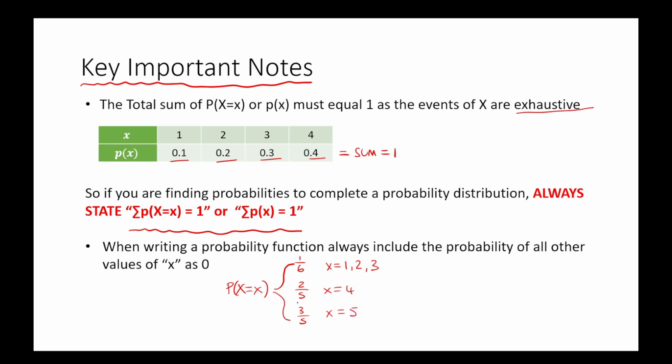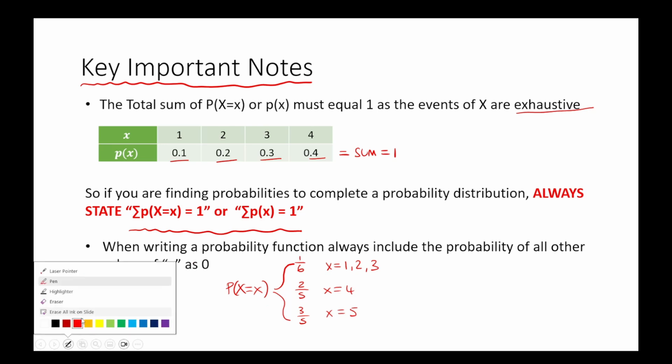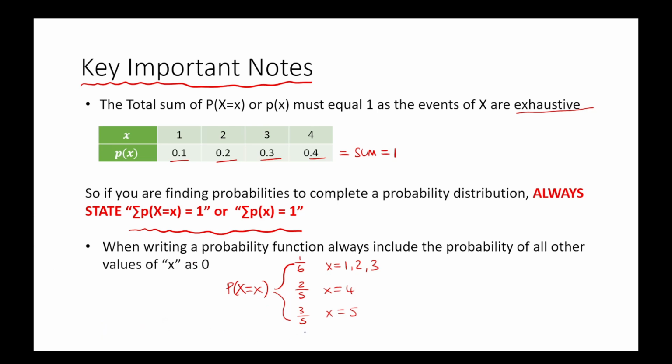Now you might think to yourself, well, that's absolutely fine, but where students would lose marks is that they would then need to go on to write that the probability is 0 for all other values. And basically what that means is when I'm calculating my probability, I've got 1, 2, 3, 4, 5, and then I've got my probability of x equals x. If I was to convert this as a probability distribution, then this would be a 6th, a 6th, a 6th, and then these probabilities won't add up.